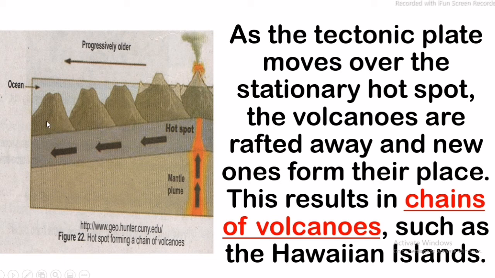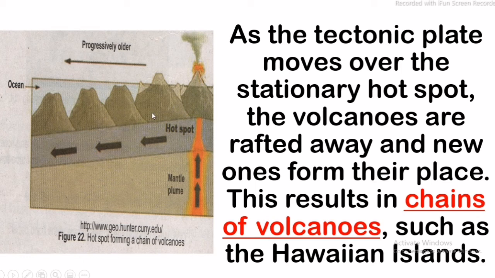So this volcano is formed here. So since the plate is moving, the position changes. So long time ago, this volcano is in this position, and then as the time goes by and the plate moves, there will be new volcano on top of the hotspot, and then the plate will now move again.